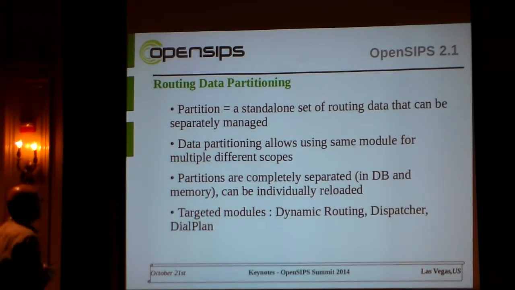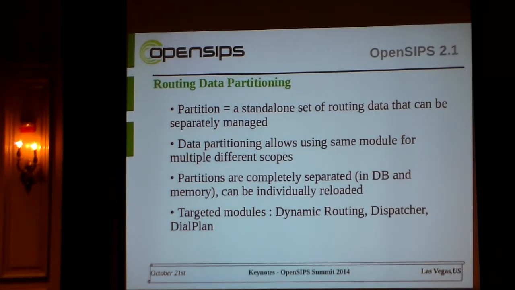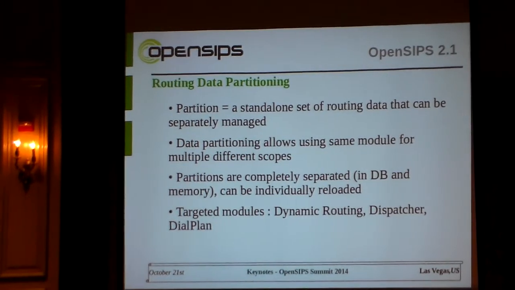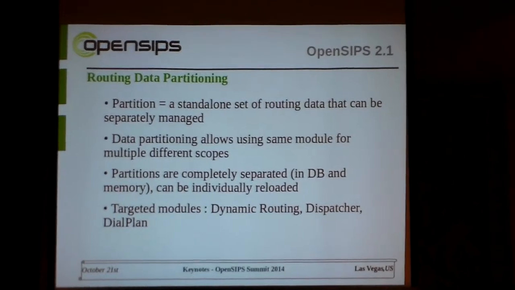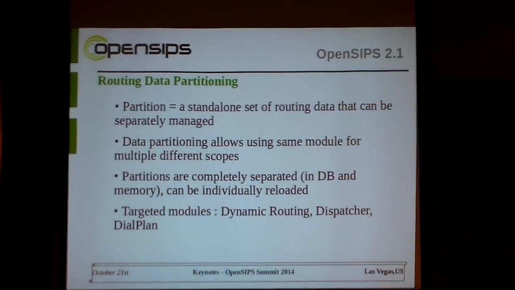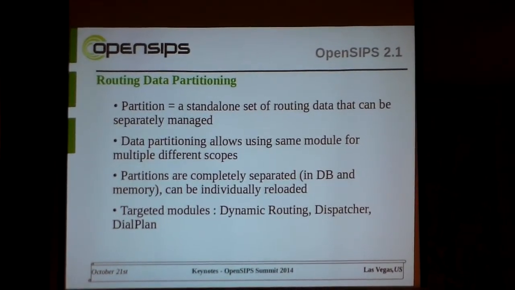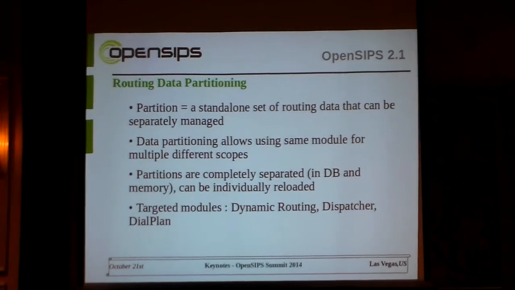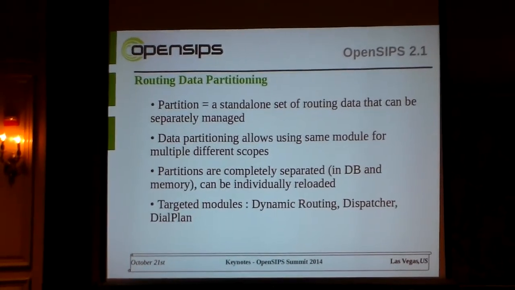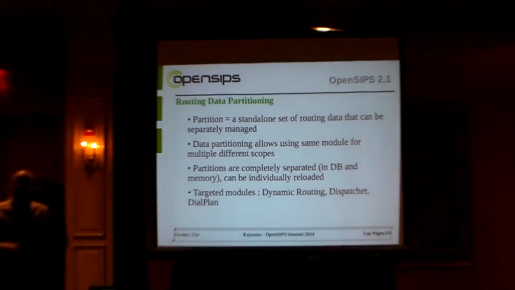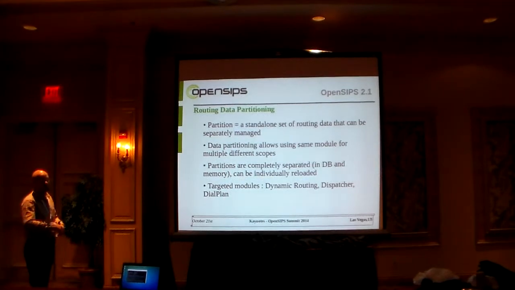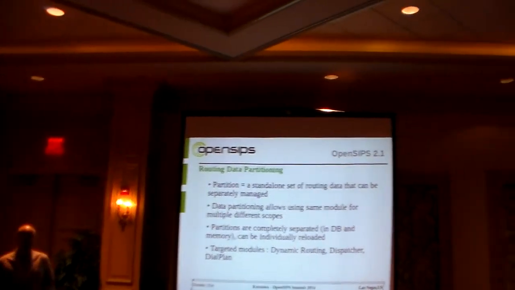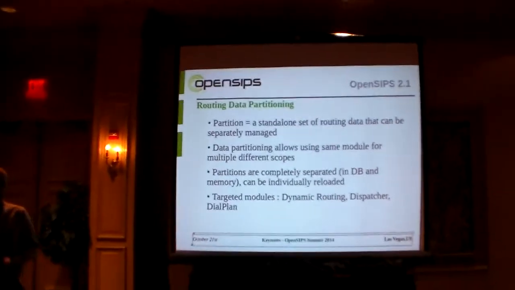Another thing, we have this partitioning of routing data. We have a lot of modules, like dispatching, where you define a set of destinations. You have the dynamic routing, where you can define a lot of information about how to do the routing. You have the dialog module, where you can define different kinds of groups and so on.